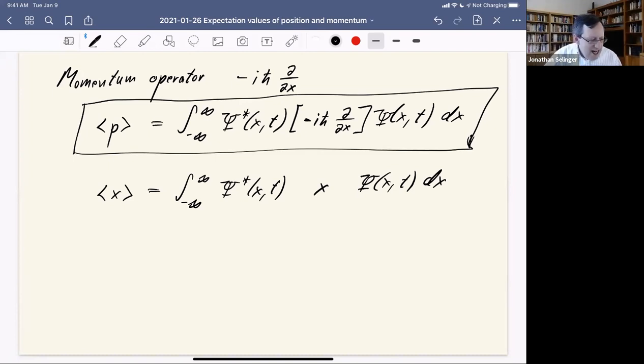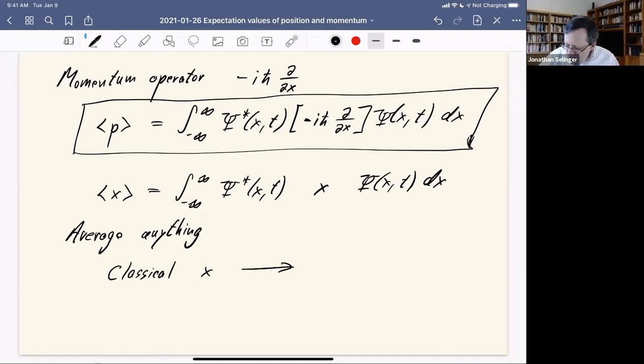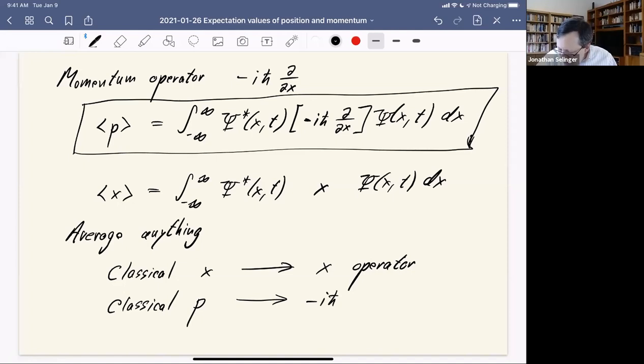If we want to calculate the average of anything, we change the classical x to the x operator, and the classical momentum changes to the minus i h bar d by dx operator.